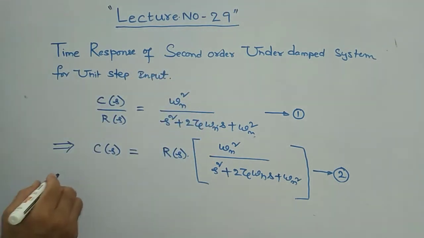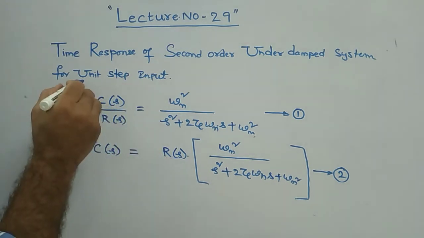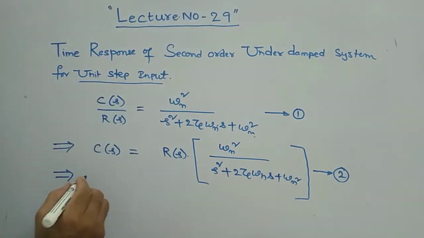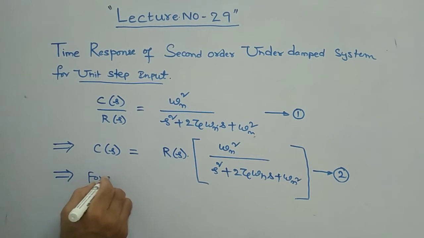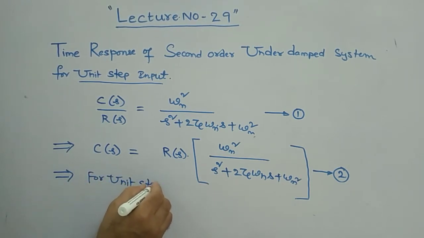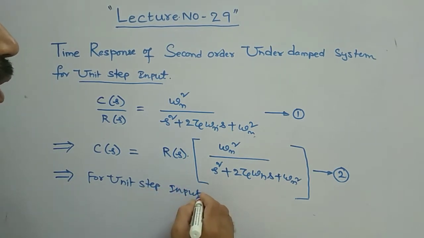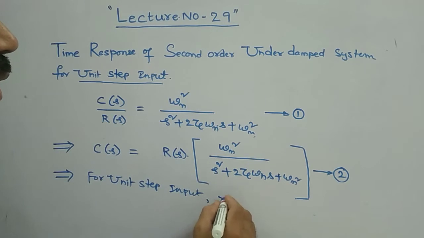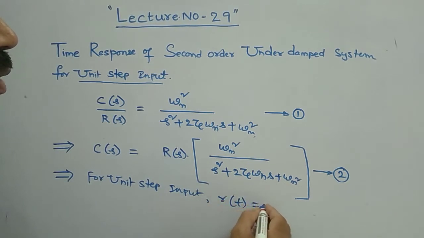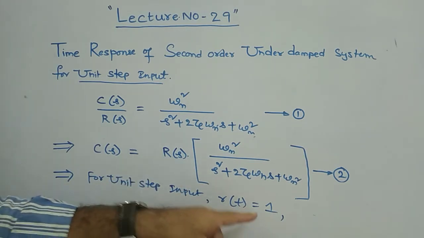Now, what is your input actually? R of s is nothing but the input. It is a step input. For a unit step input, R of t is equal to 1, is it not? In the time domain, R of t is equal to 1.